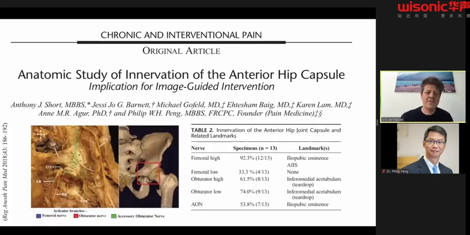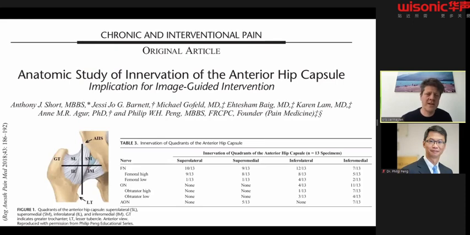It shows very well the femoral high and low branches, the obturator high and low, and also the accessory obturator nerve, which in this case had an incidence of 54%. So it's very important to know your anatomy and know what you're doing.